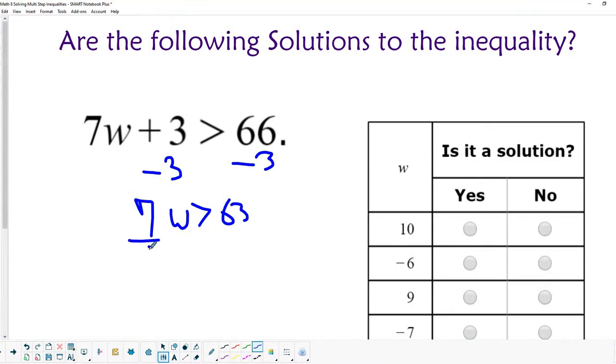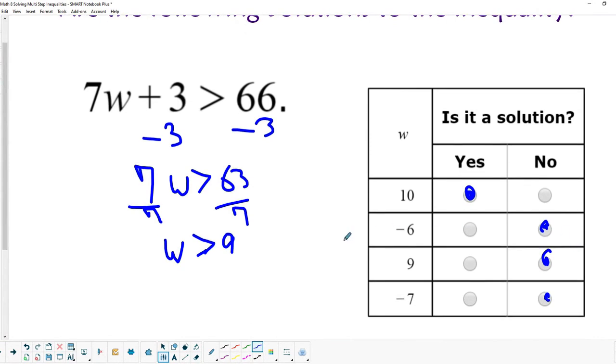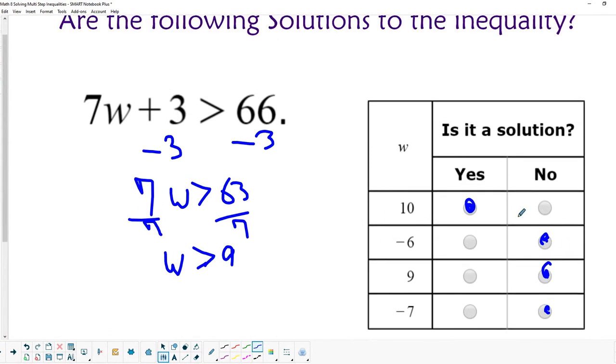Then I would divide by 7. So anything greater than 9 is a solution. Our one solution would be 10, because that's the one that's greater than 9.